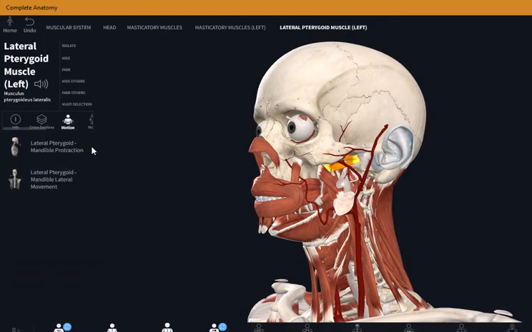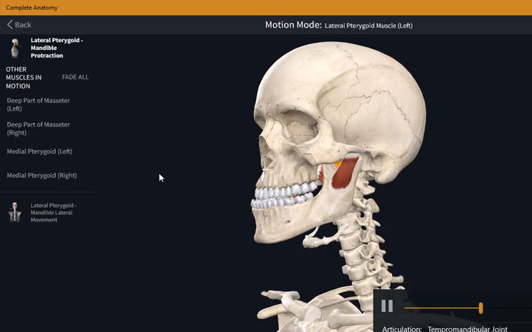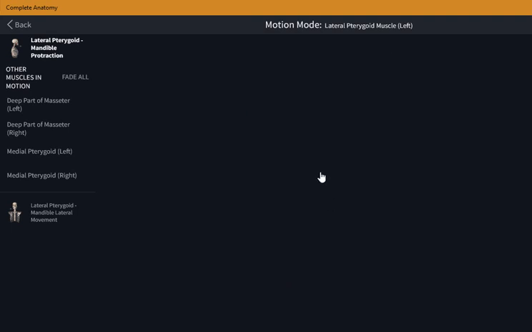So we have the origin and insertion done. We can now find the motion. The lateral pterygoid muscle has two movements. One movement is protraction, and this is the movement of protraction performed by the lateral pterygoid muscle. You see that it is slightly moving sideward, and the other movement can be seen here.